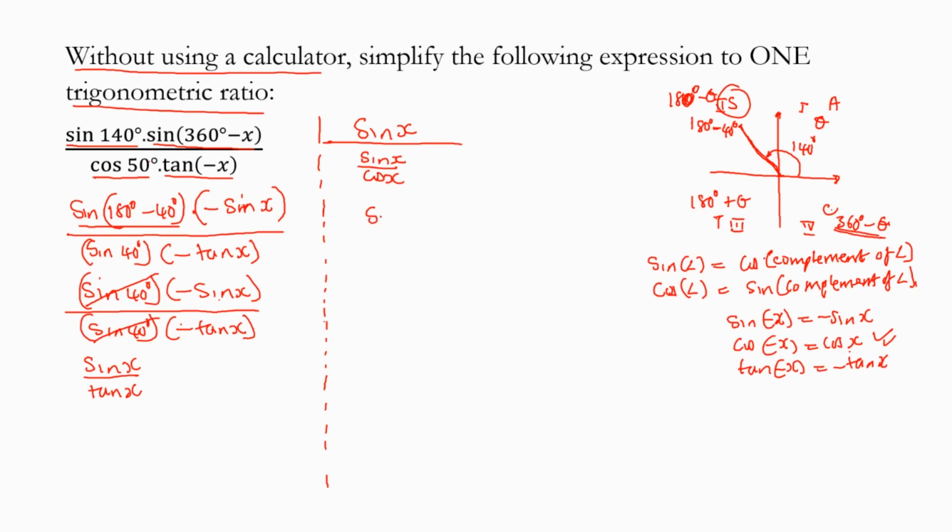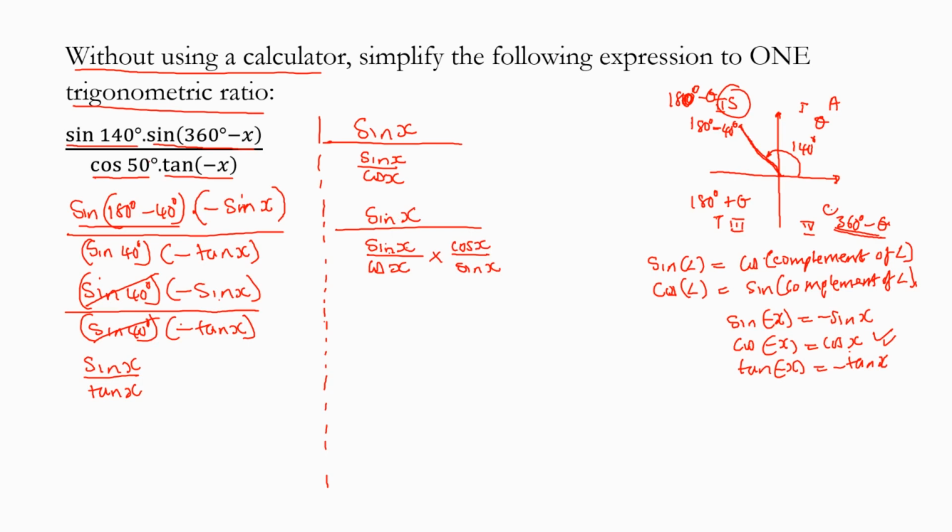What we can do, we can multiply the numerator and denominator by the multiplicative inverse of sine x over cos x, which is cos x over sine x. So we say times cos x over sine x.